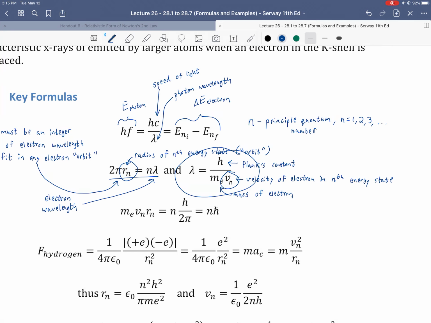The reason that I say that it's Bohr having his cake and eating it too is because he's using ideas of classical physics while ignoring ideas of classical physics. In other words, he has classical mechanics to have an orbit.